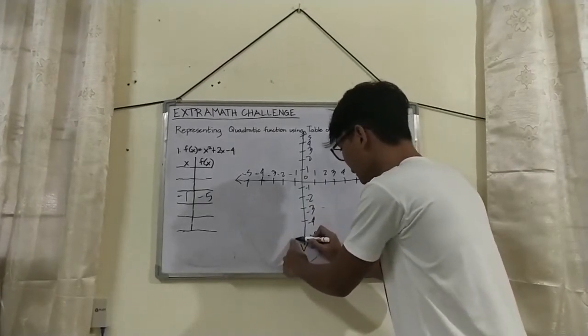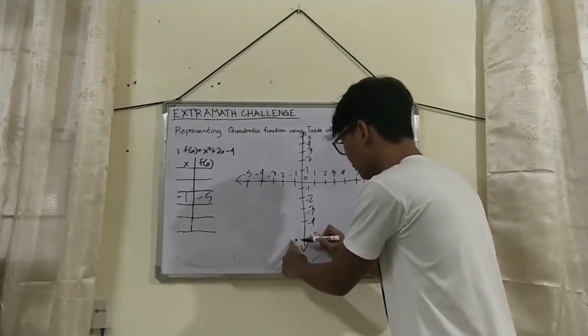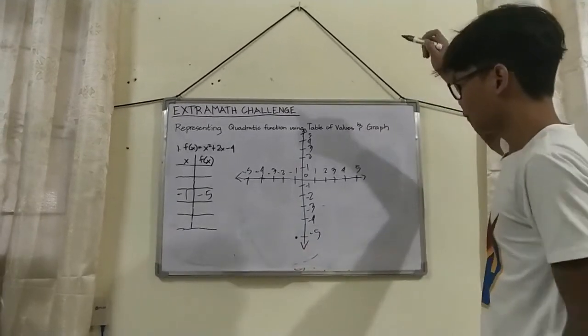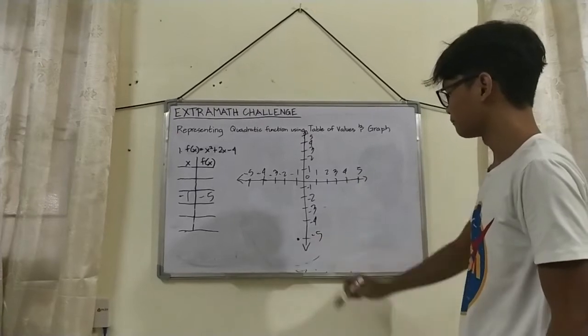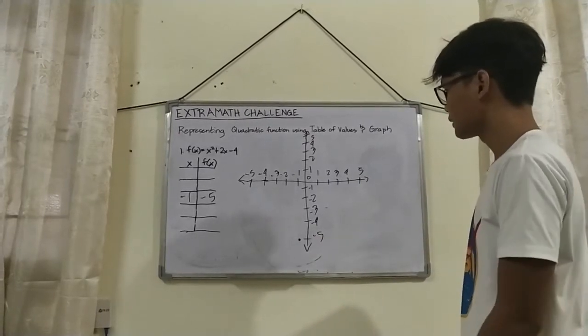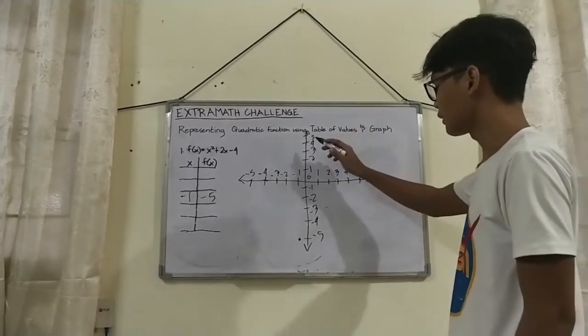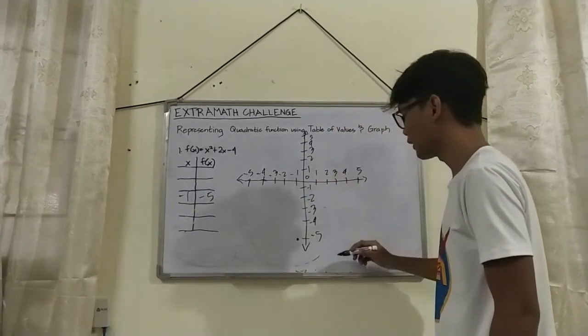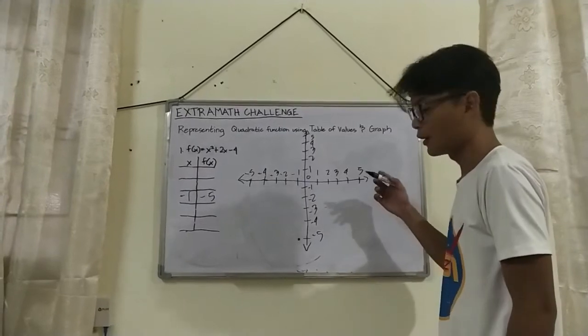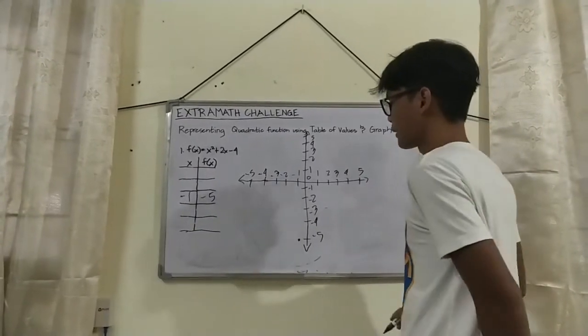So the coordinate of the vertex is located here, since our x value is negative 1 and our y value, or f of x, is negative 5.